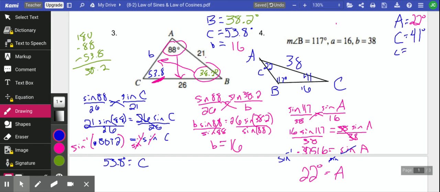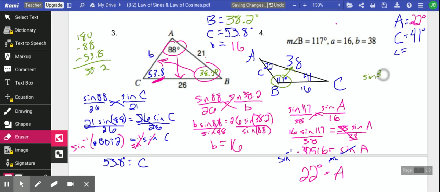And then we're going to do law of sines one more time so that we can find side C. So again, start with a pair that you definitely know. Sine, nope, not 38. Wow, just keep messing up.